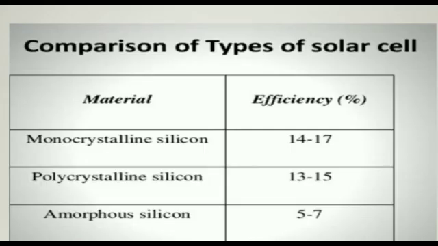Next, comparison of types of solar cell, based on the efficiency. See the first one, monocrystalline silicon, their efficiency is between 14% to 17%, polycrystalline silicon efficiency is between 13% to 15%, and amorphous silicon efficiency is between 5% to 7%.